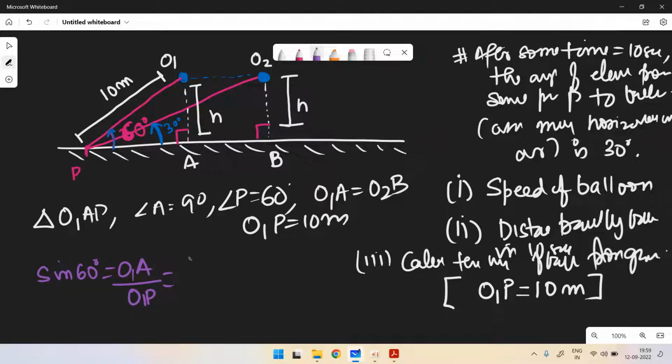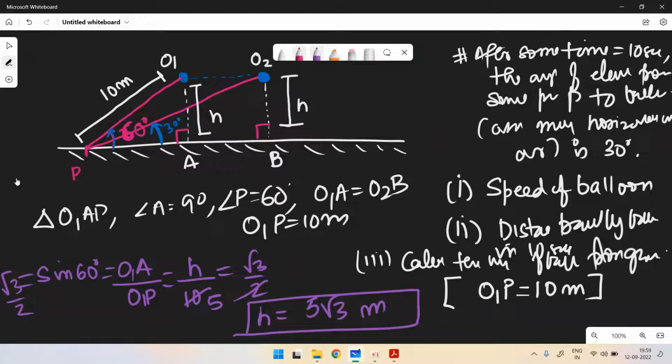O1A is the height, and O1P is given as 10 meters. You know that sine of 60 degrees is root 3 by 2. 2 fives are 10, this cancels. So the height of the balloon from the ground is 5 root 3 meters.